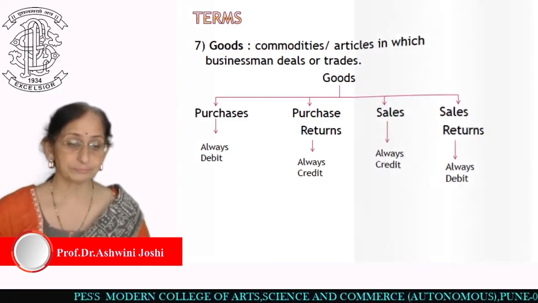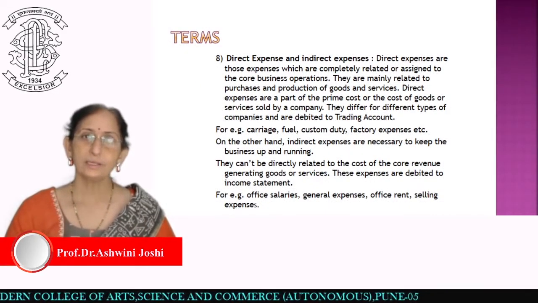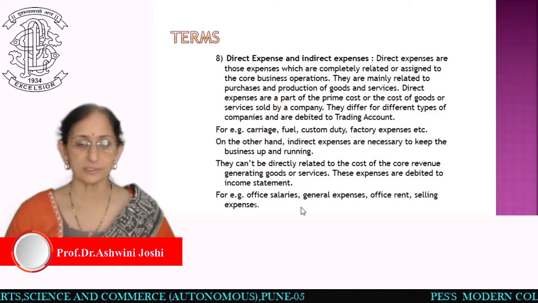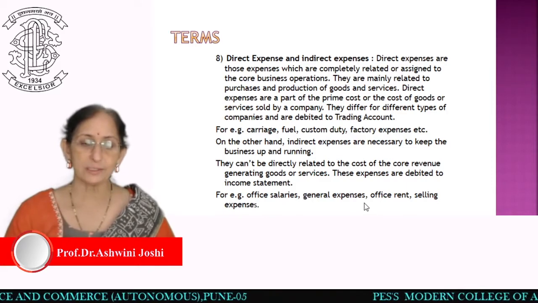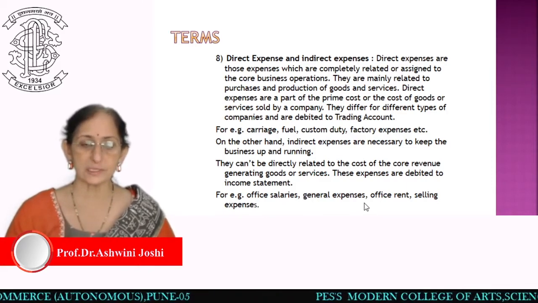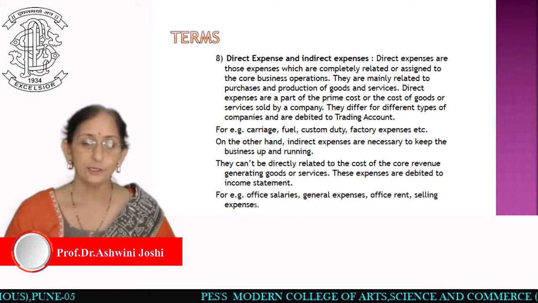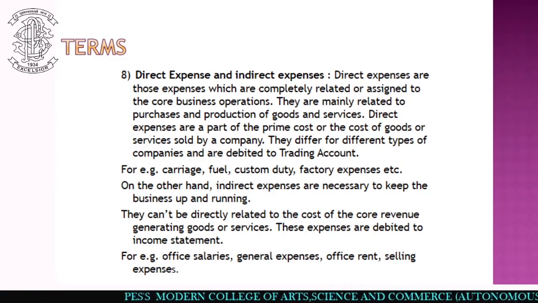Then next, the next term is direct expense and indirect expense. What is direct expense? These are those expenses which are completely related or assigned to the core business operations. Basically, direct expenses are those expenses which we incur at the time of manufacturing or while rendering services.